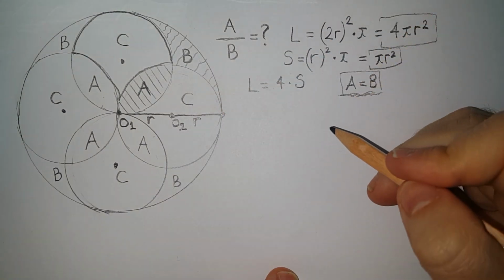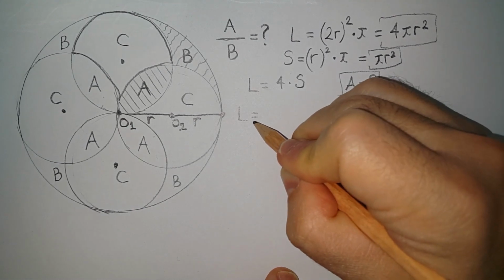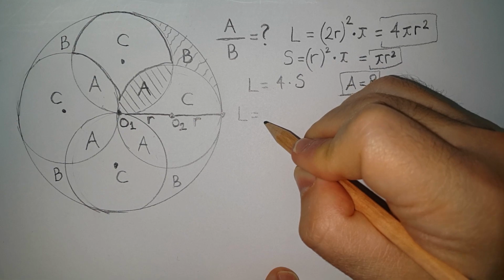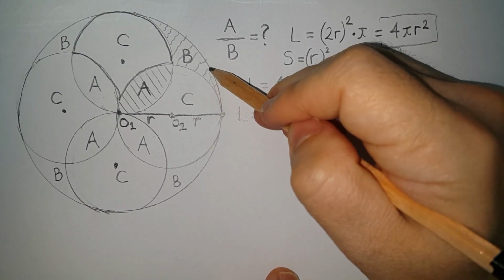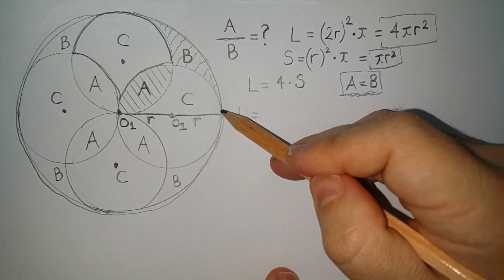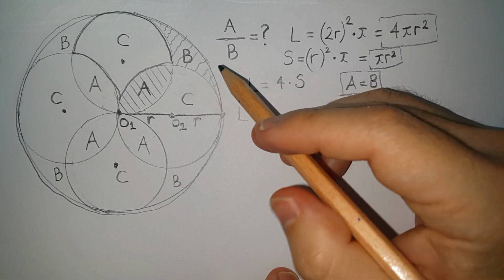Now let's create some equations using the area of these different regions. The area of the large circle, L, in terms of A, B, and C. Let's do it. So this entire region is the circle L, the large circle. So what does it have inside it?